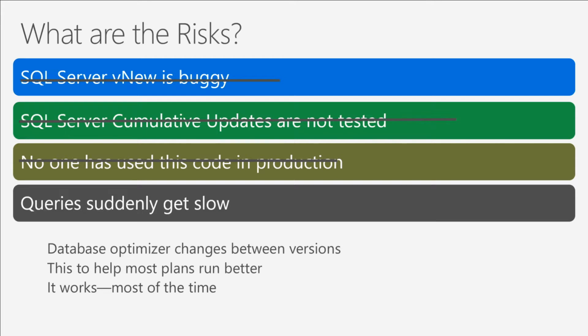And while this cardinality estimator helped 90% of the queries based on Microsoft research, there is a certain percentage of the queries that were negatively affected upon upgrading to 2014. And there were some ways around that. You could turn on some trace flags, you could alter behavior. But it's problematic and it's a bad user experience.